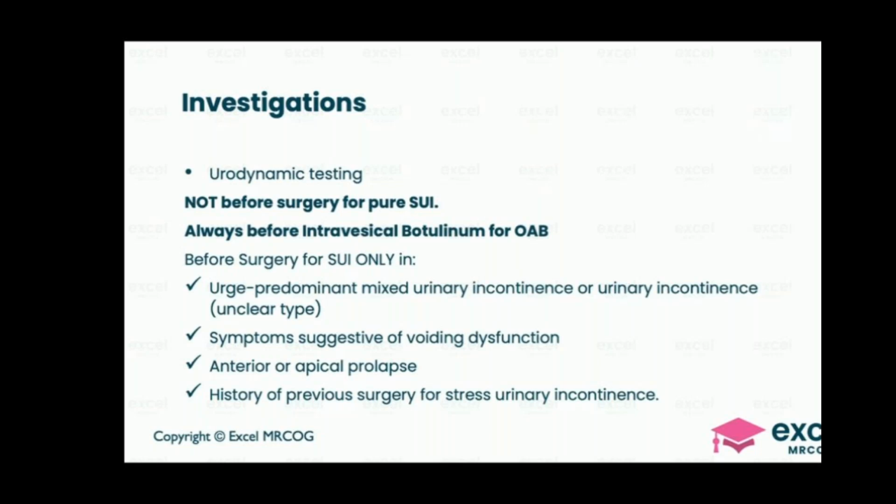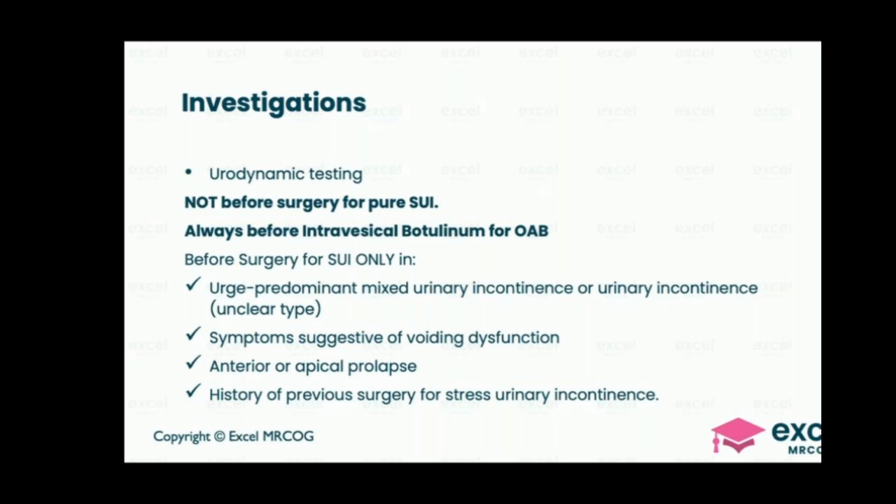The second thing is the other indications that are mentioned in NICE guidelines. Before surgery for SUI, you would do urodynamics only if, see, pure SUI, you're not doing urodynamics.